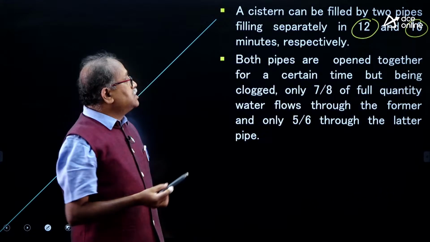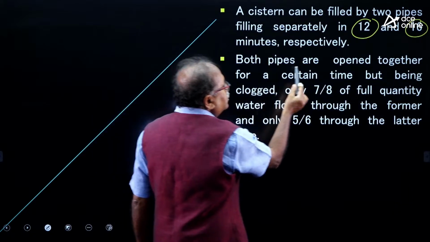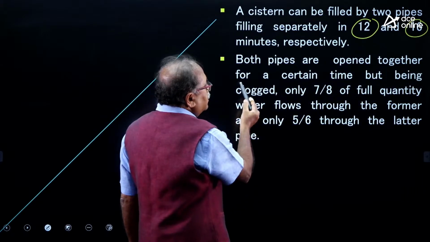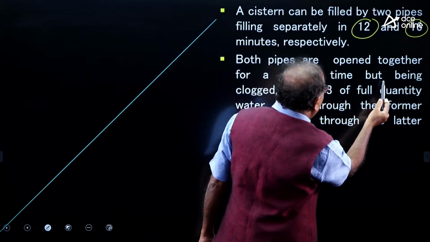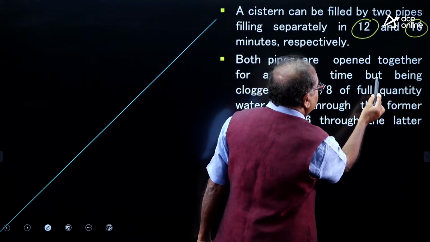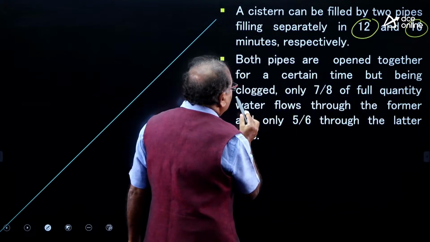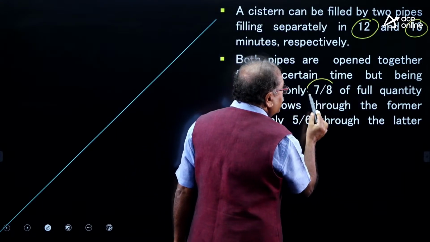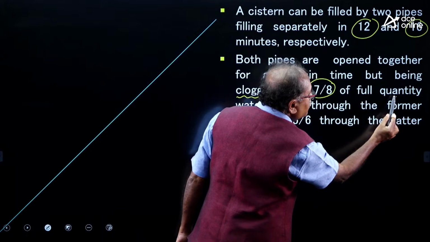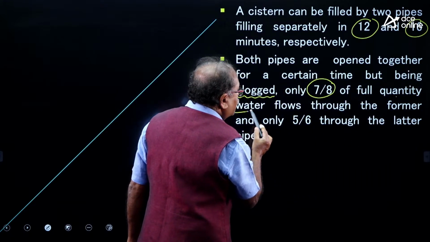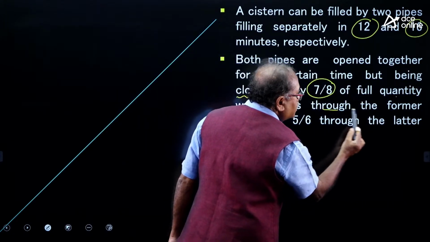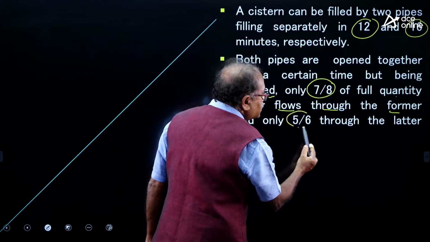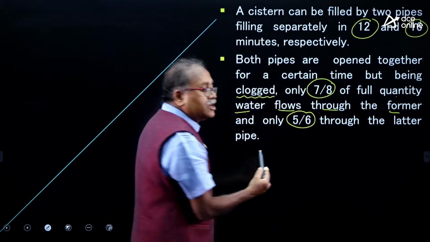What was the next information given here? Both pipes were opened together, right? And for a certain time, because of clogging, there was a blockage, and only 7/8 of the full quantity of water flows through the former and only 5/6 through the latter.